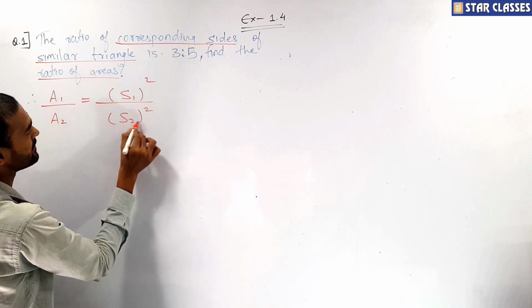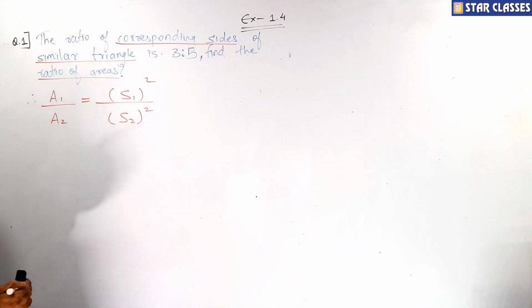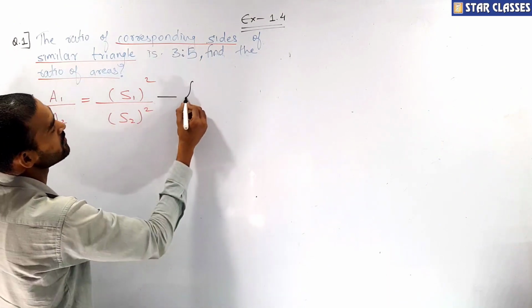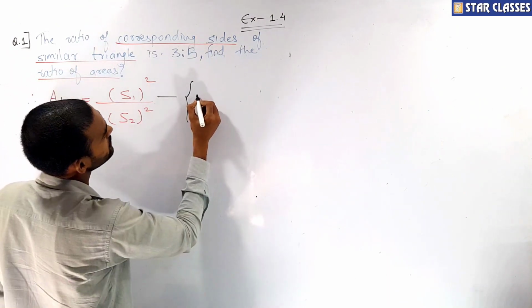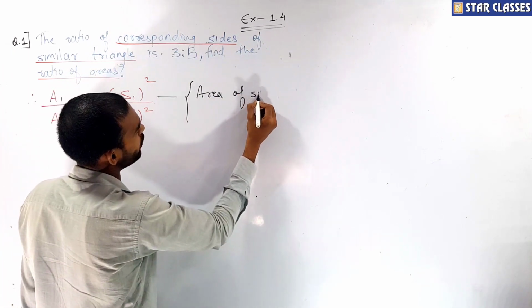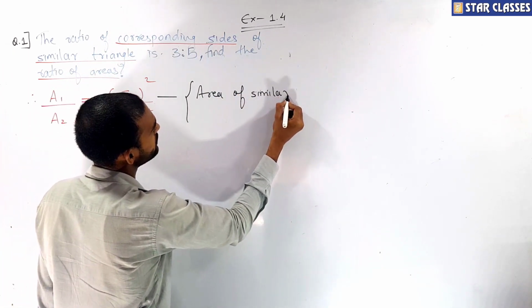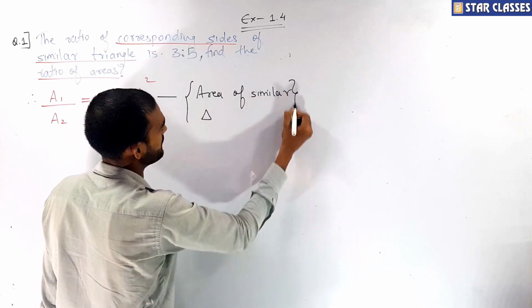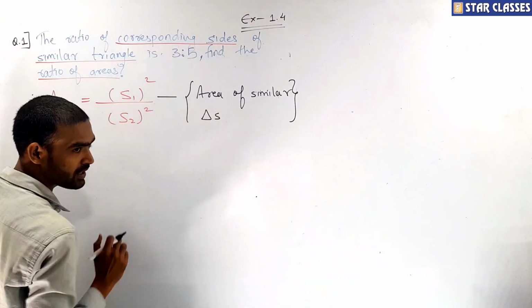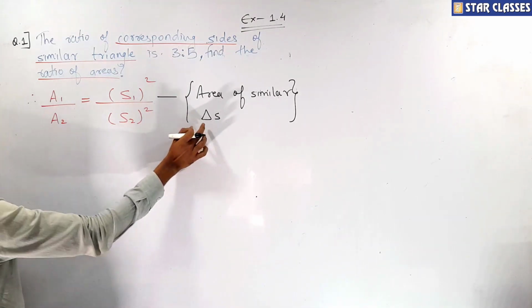Side 1 upon side 2. And what will be my reason? What are we using here? We are using the area of similar triangles. Clear, everyone? This will be my property.